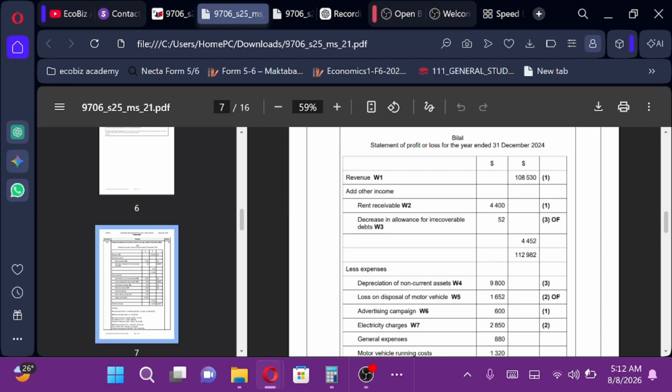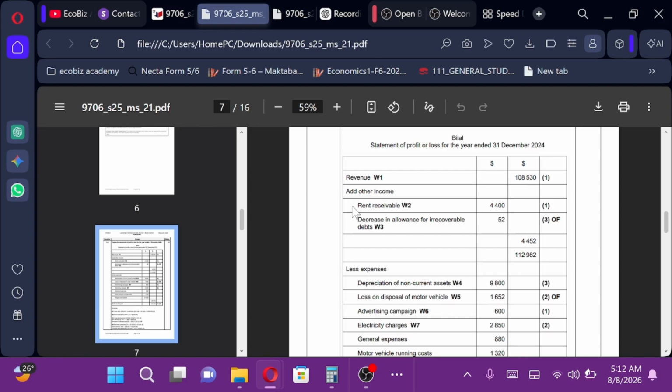Because what is income? Income is basically the scenario where we provide a service, basically we lose something to give a service. So we have rent receivable. Rent receivable is basically when we give rent to other people, so we lose housing of our own, but we receive money.